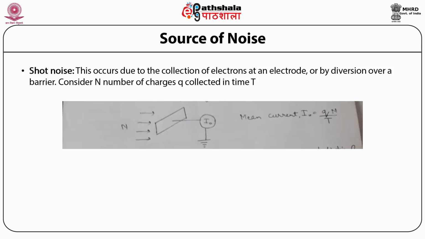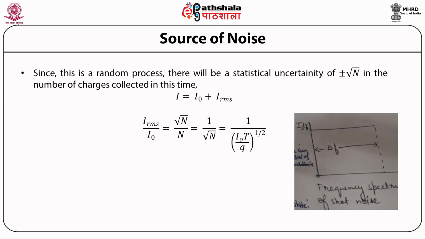So consider capital N number of charges, each having charge Q, collected in time capital T, as shown in this figure. So the mean current will be I0 equal to NQ by T. Since this is a random process, there will be a statistical uncertainty of plus minus root N in the number of charges collected in this time.